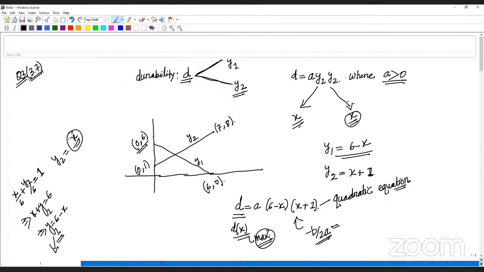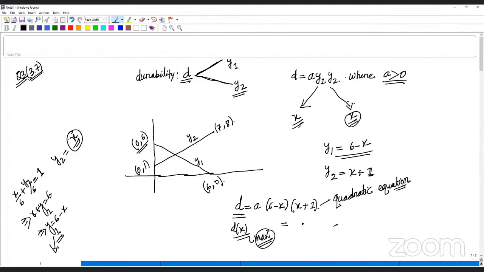Probably the a will get cancelled, because in the denominator and numerator you'll get a in both. So the equation will be x square minus 5x plus 6.